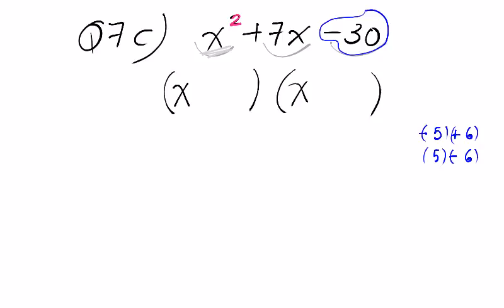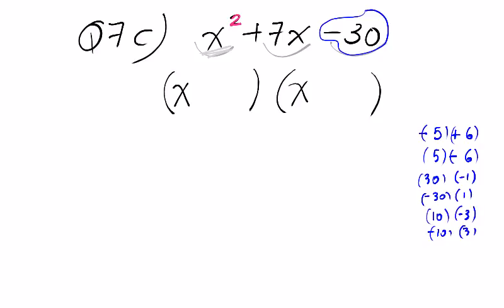What other combinations could we have? We could have 30 multiplied by negative 1. Or negative 30 multiplied by positive 1. What else could we have? 10 multiplied by negative 3, or negative 10 multiplied by positive 3.